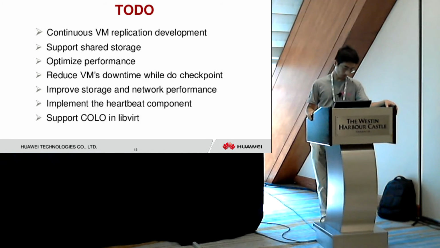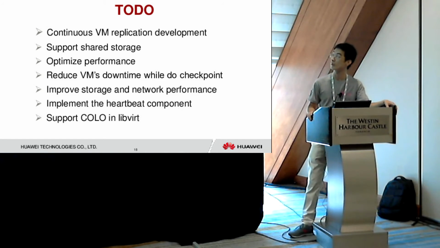First, I think we need to revise the patches according to the review feedback and get the patches accepted upstream. Then we need to develop continuous VM replication. And third, we need to support the shared disk.